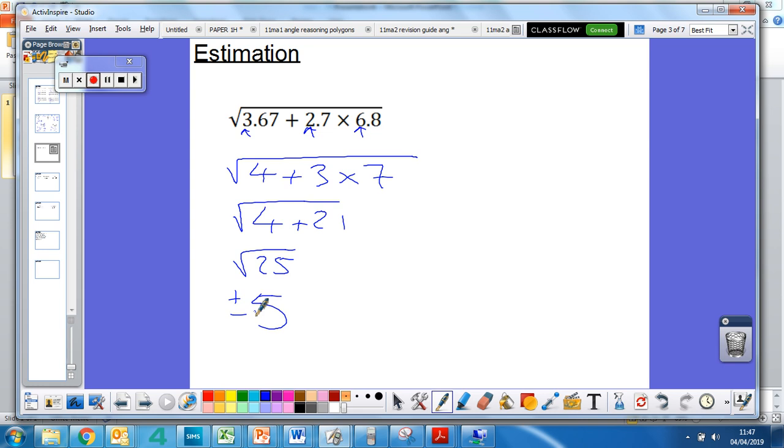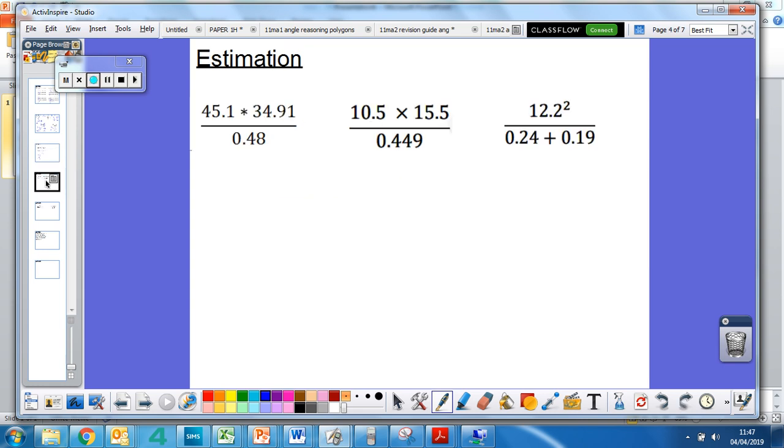Same as round to one significant figure and use your BIDMAS skills that you've had for a long time and that you're good with. Same again, look. Here are some calculations. Lots of scary things going on. However, each one of these can be rounded to one significant figure, and at that point you have a mark in the exam paper.